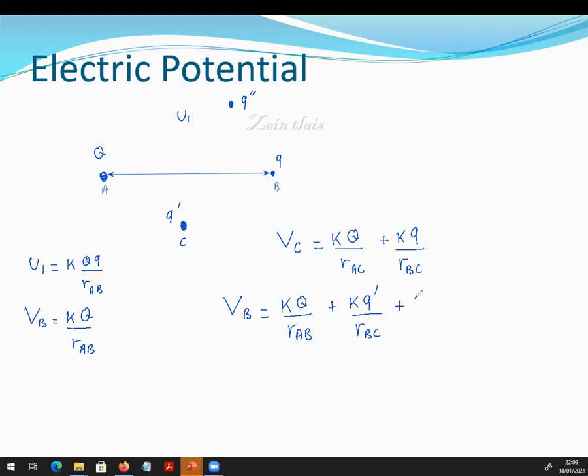So we add here kQ'' divided by R, let's say we have here R_DB.